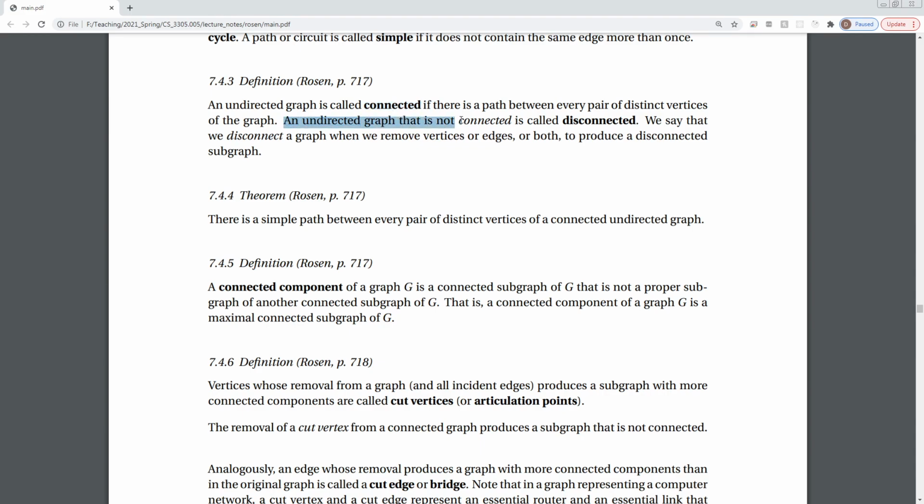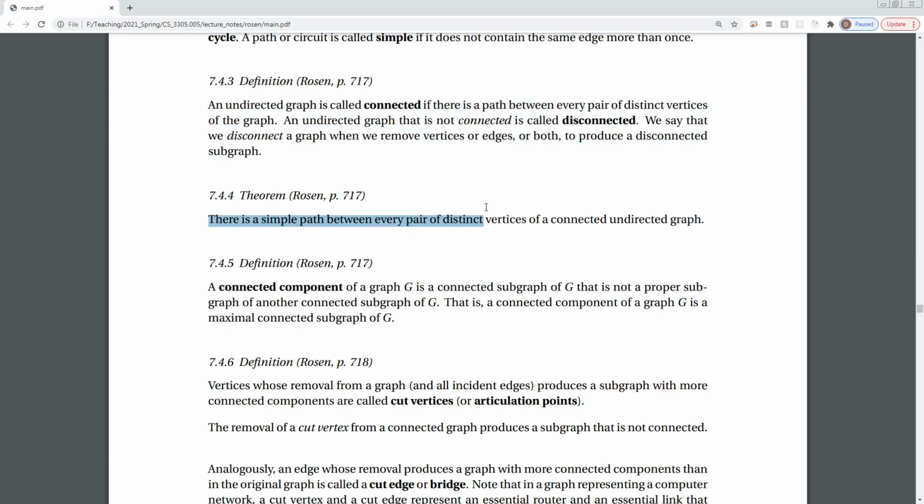An undirected graph that is not connected is called disconnected, right? So if there's some computer that's offline, we would refer to it in those terms, it's offline because it's disconnected from the router, right? Okay, so we say that we disconnect a graph when we remove vertices or edges or both to produce a disconnected subgraph. So if everything is connected because of the router, and you take out the router, then you have a disconnected network.